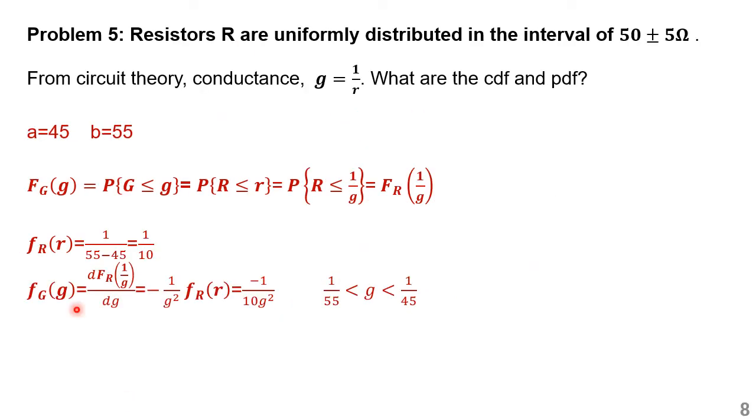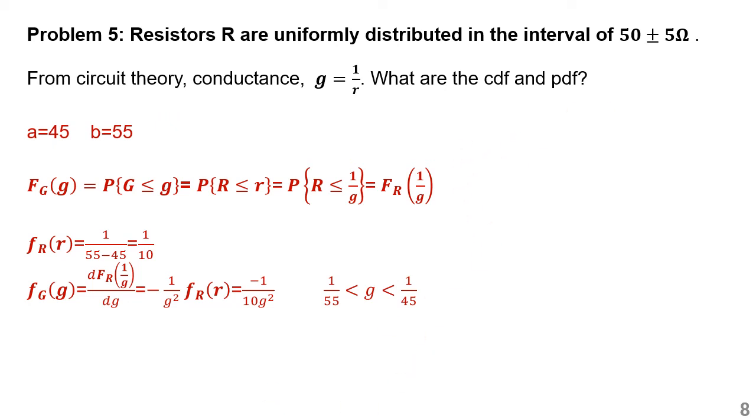Let us solve the fifth problem. Resistors R are uniformly distributed in the interval 50 plus or minus 5 ohm. That gives you here 45 to 55. From the circuit theory, we know that conductance G is equal to 1 over R. We need to find the CDF and PDF. Now, R is uniformly distributed.